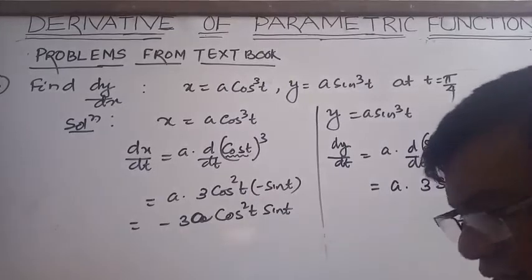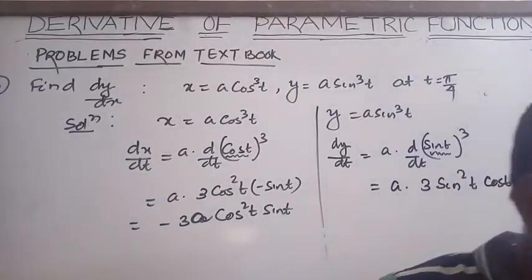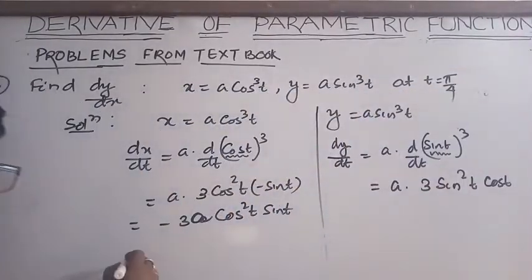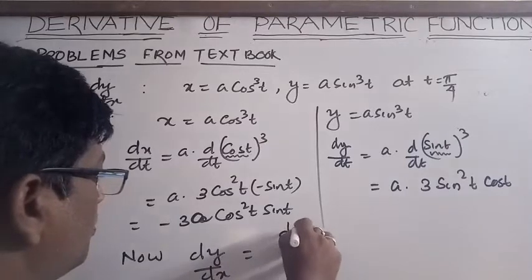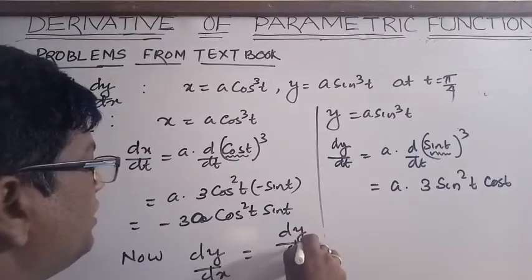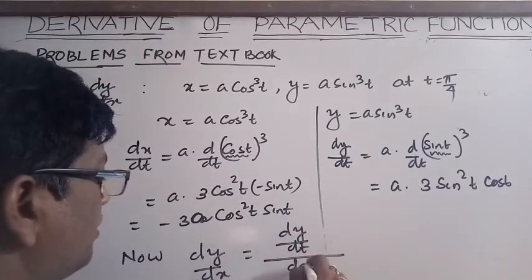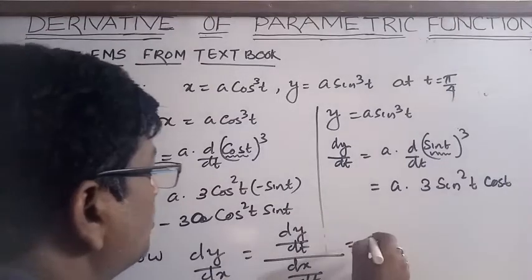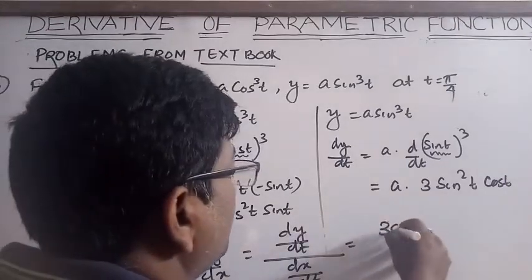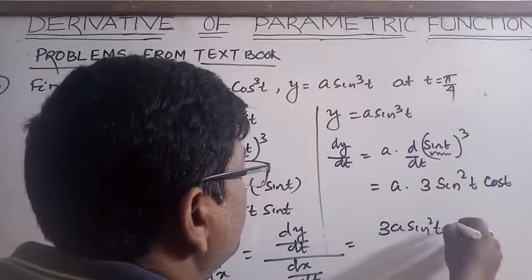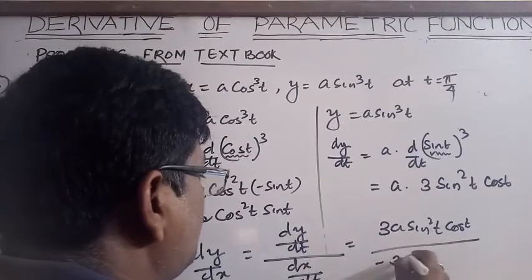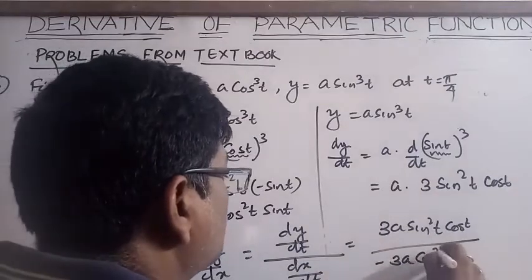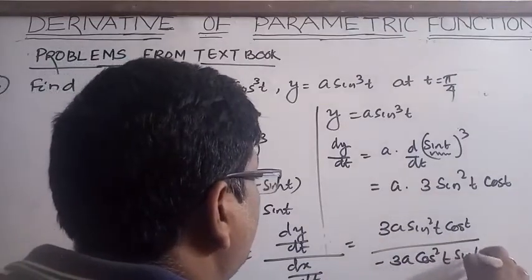Now dy by dx is equal to dy by dt divided by dx by dt. So this is equal to 3a sin square t into cos t divided by minus 3a cos square t into sin t.